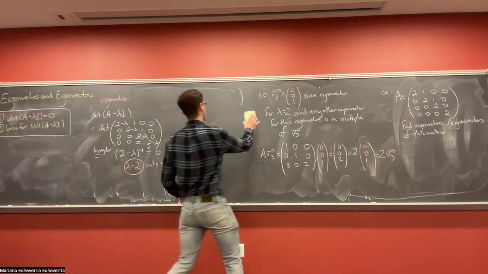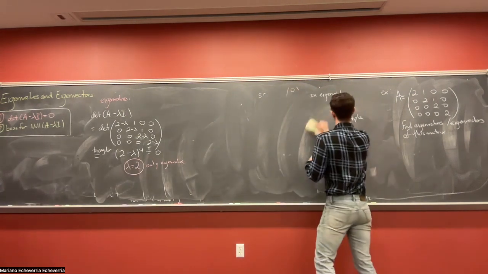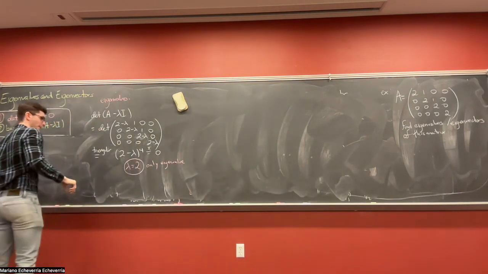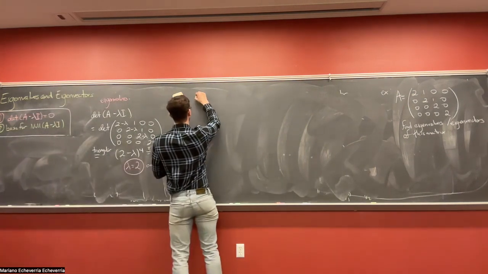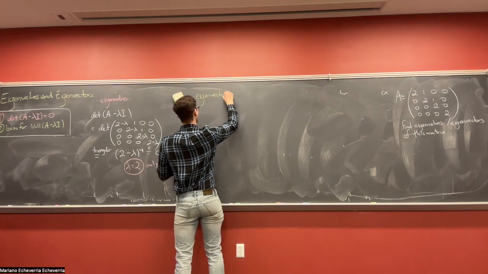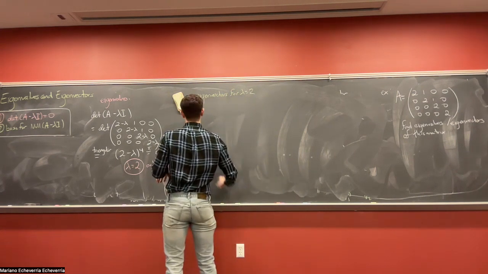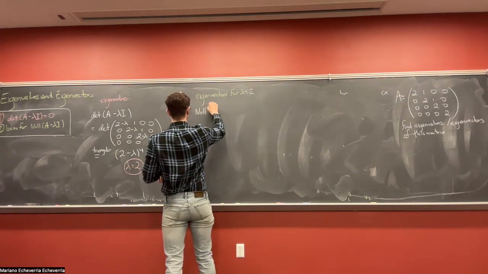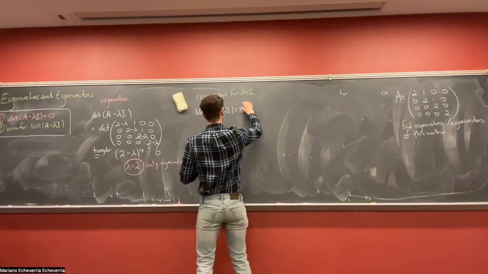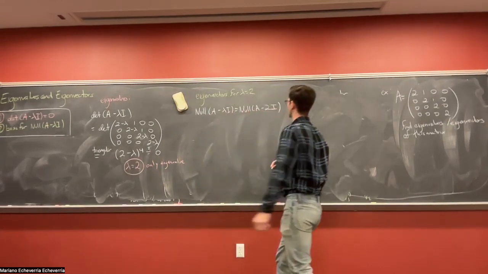And what is the corresponding eigenvector? Or what are the corresponding eigenvectors, I should say? You look at the null space of A minus lambda I, the null space of A minus 2I.